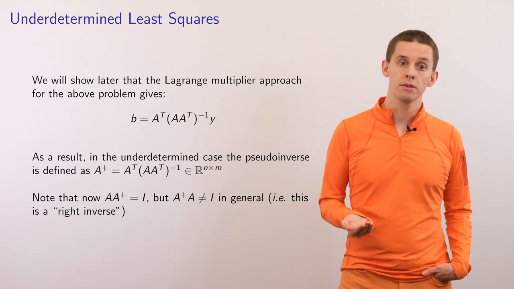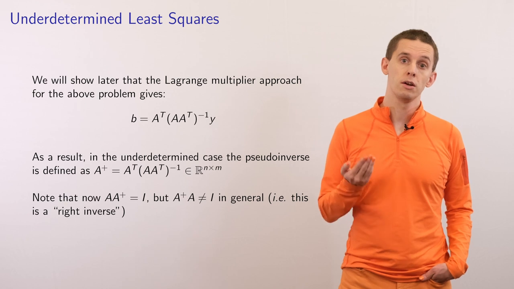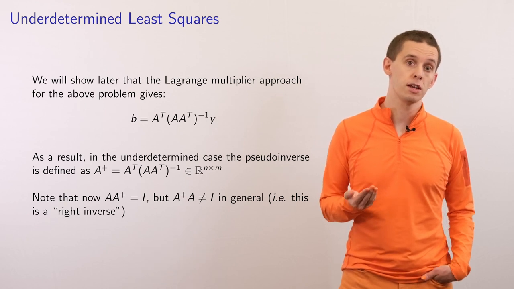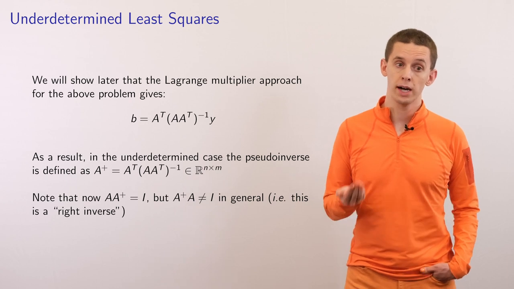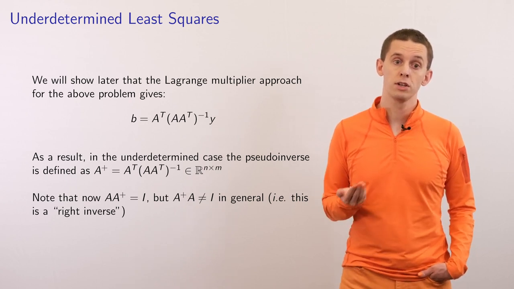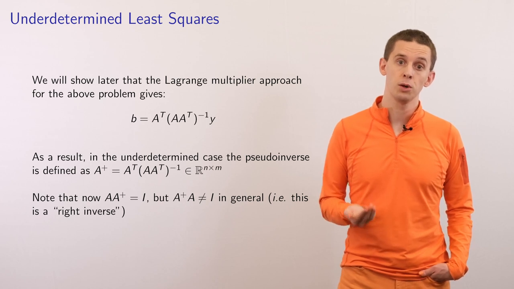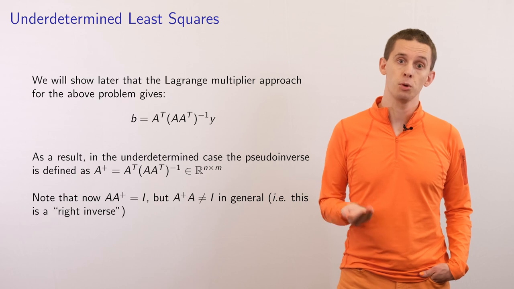As a result, for the underdetermined case, we could generalize our pseudo-inverse definition and say that when you have more columns than rows, we define the pseudo-inverse as A transpose times (A A transpose) inverse.